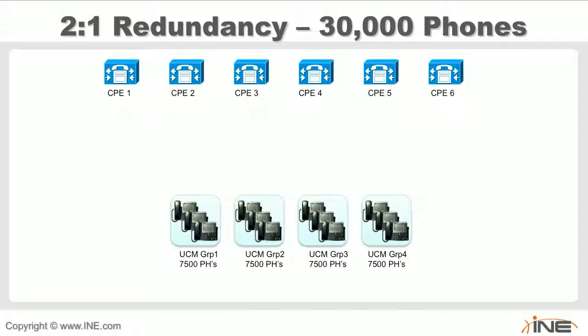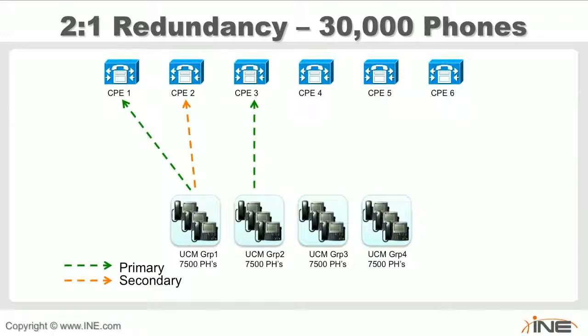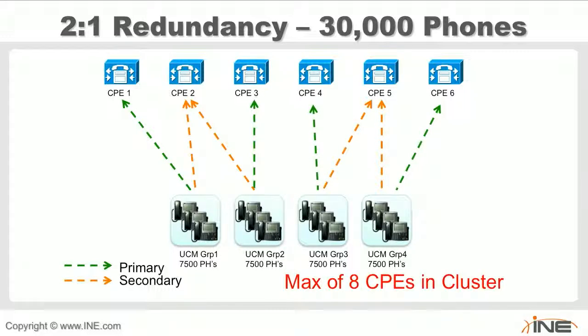And so how I'm going to do this is I've got my primary link to CPE1 and my backup to CPE2. UCM Group 2 uses its primary to CPE3, but its backup is also to CPE2. So likewise, Group 3 and 4 both share the backup server of CPE5.